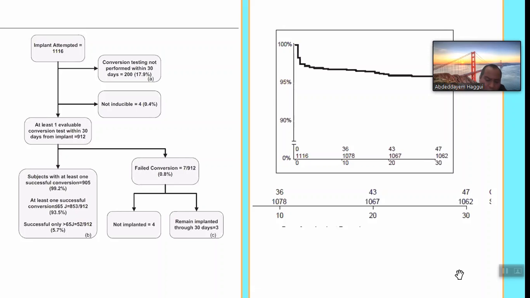The inappropriate shock rate is 3.1% at 1 year. It is the lowest reported for the S-ICD and lower than many transvenous ICD studies using contemporary programming to reduce inappropriate shocks.